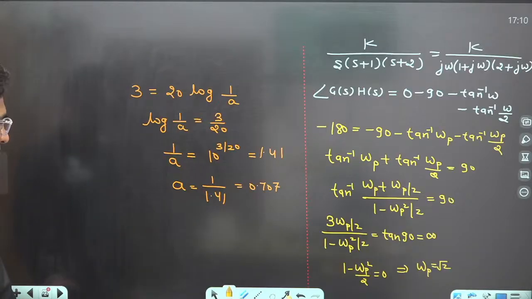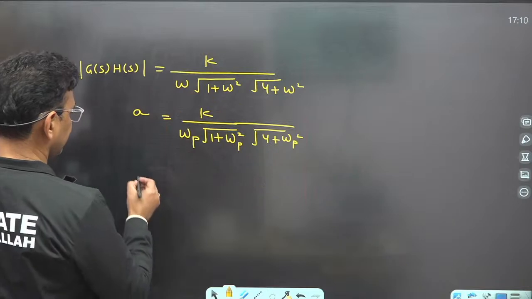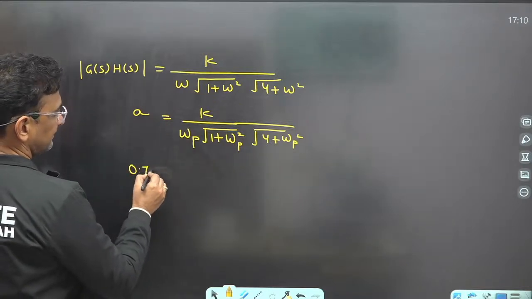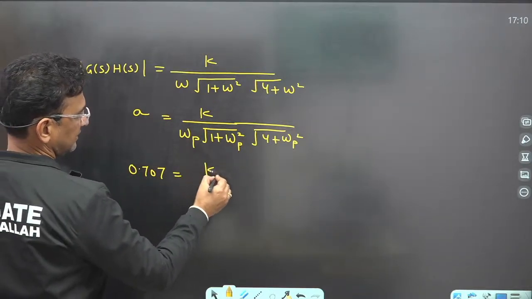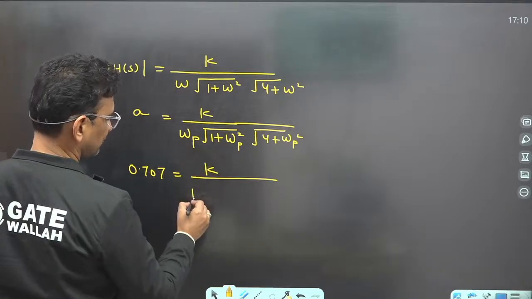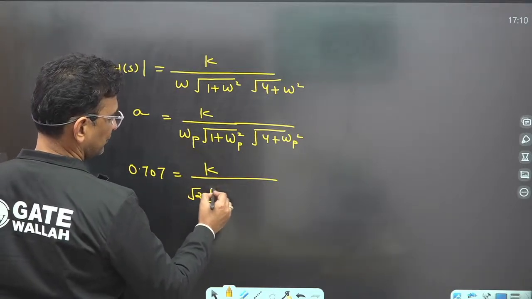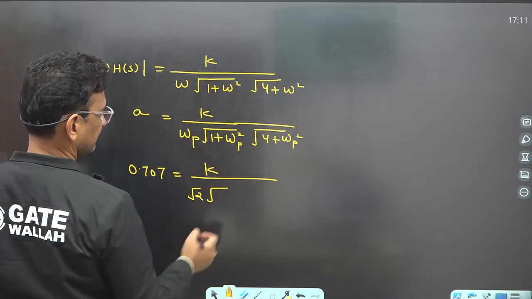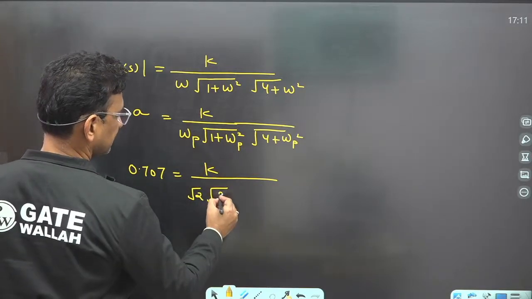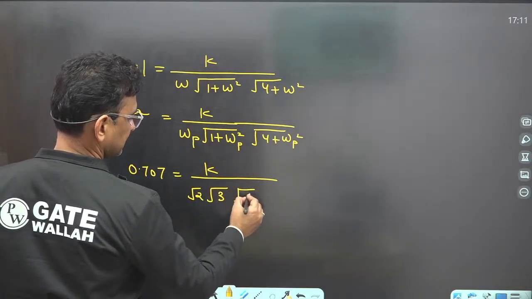Now we have already calculated A, it is 0.707. So 0.707 K, omega p was under root 2, 2 plus 4, 2 plus 3, 6.